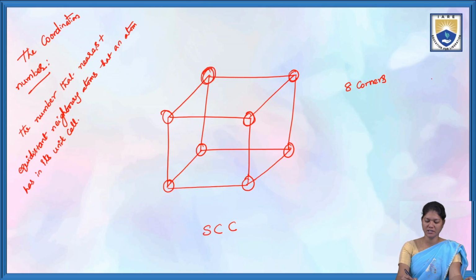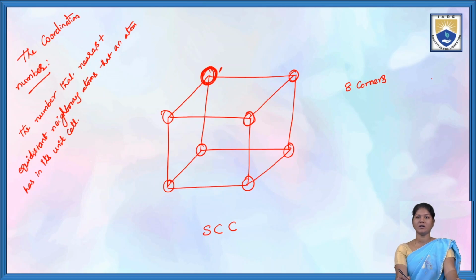suppose I am taking this atom. For this atom, how many nearest neighboring atoms are there?